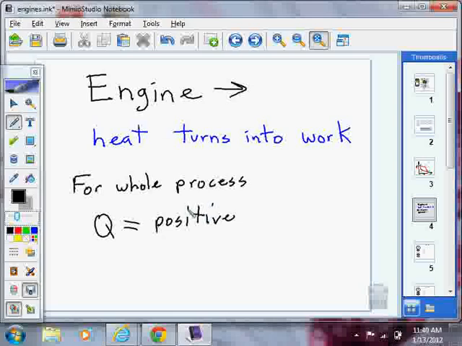When I say the whole cycle, I mean for the whole shebang, starting out at point A, and you go through the whole thing, and you end up at point A. When you go through the whole cycle, the total heat for the whole cycle has to be positive. And remember, that means that heat is being added into the system.